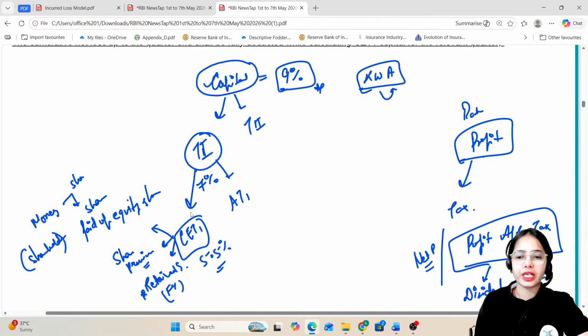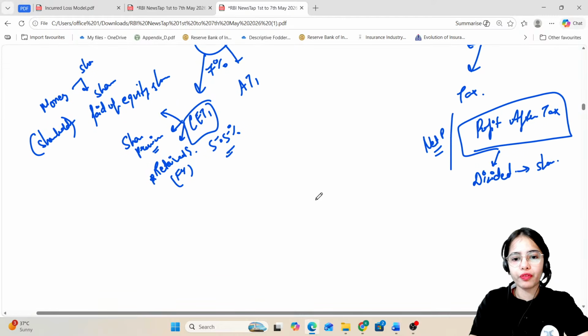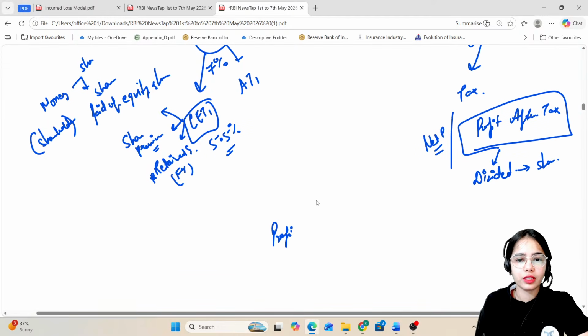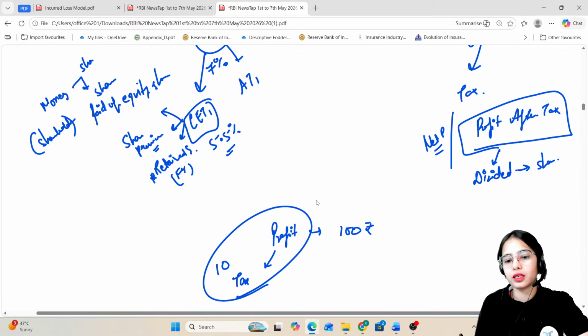Now, let's say the profit was 100 rupees and the tax has been paid, that is 10 rupees. So now what is left with the bank? 90 rupees is left. This is the profit after tax, or the net profit.